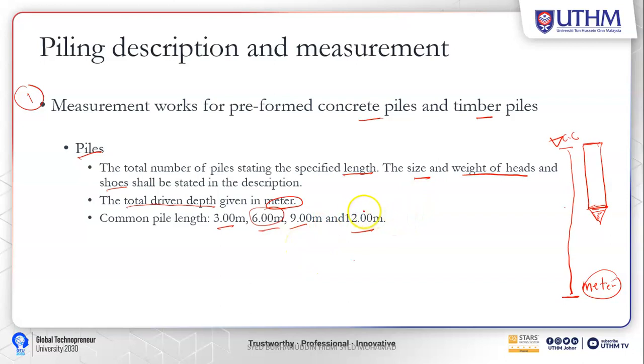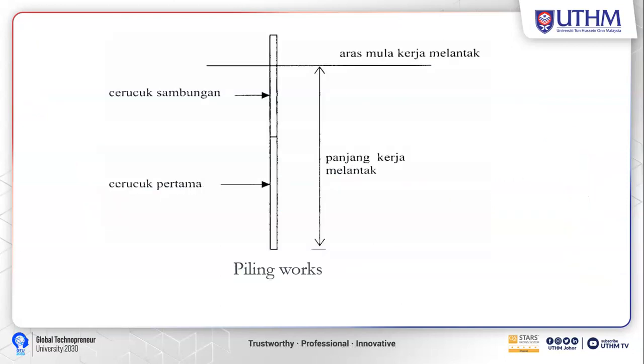But for the reinforced steel pile, basically they will go up to 12 meter. So these are the typical examples that show the components of a pile, and also the details of piling driven. What is the total driven length?